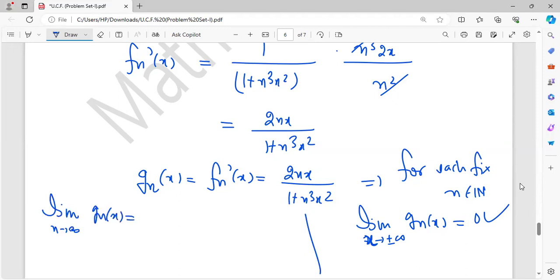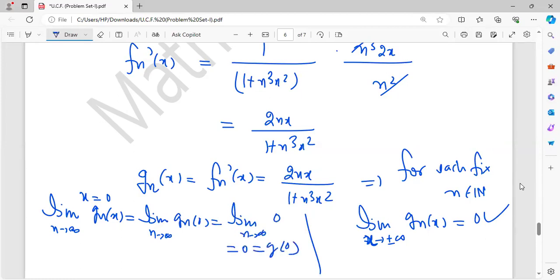Tell me. This is 0 because when x is 0, it is 0. When x is 0, then what will this be? Limit of gn(0), but gn(0) is 0. So g(0) is 0.